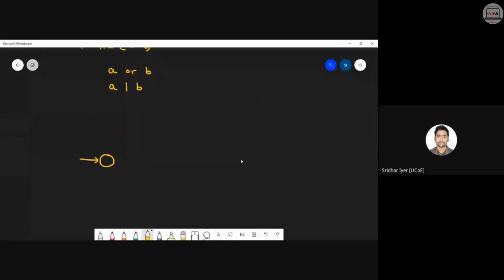Now I know that one path should accept small a and the other path should accept small b. So for that, I know that I have to make two transitions. One path for small a and the other path for small b. Am I correct over here? So far, have you got the understanding? One path will be used to accept a, other path will be used to accept small b.